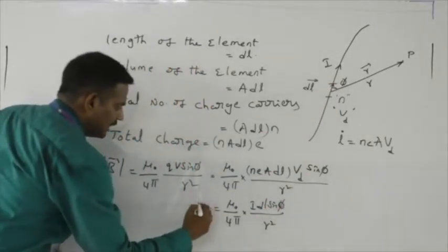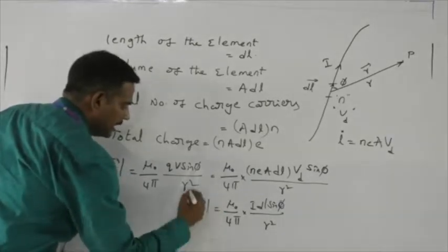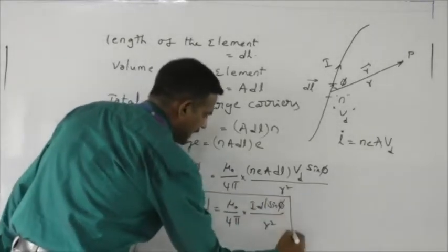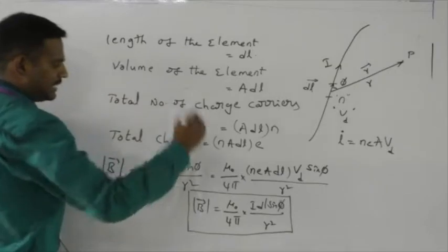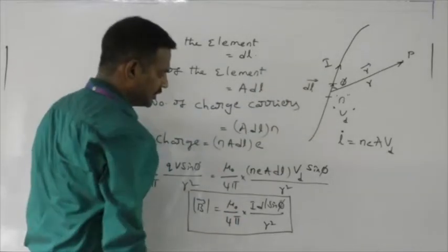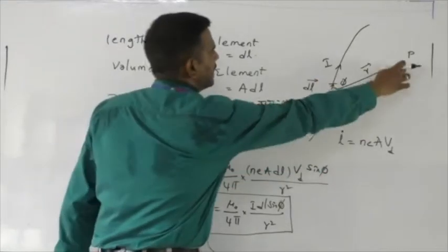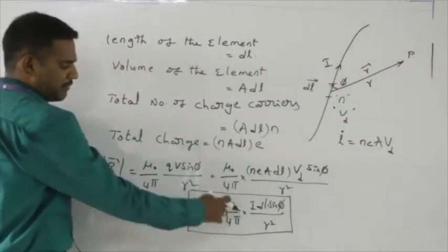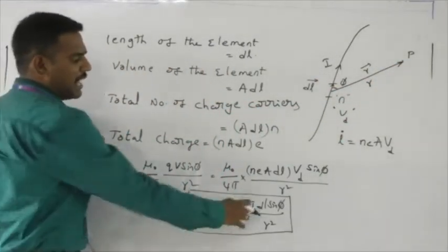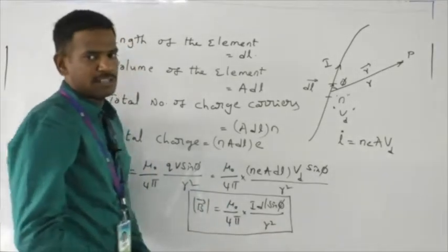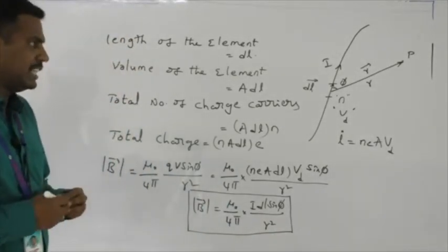So the magnetic field intensity at any point due to a current element, of a straight conductor or of irregular shape, at a point P is given by mu naught by 4 pi times I dl sin phi divided by r square. This is the magnetic field intensity magnitude.